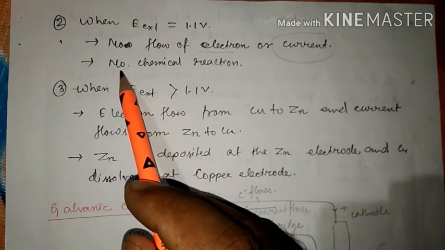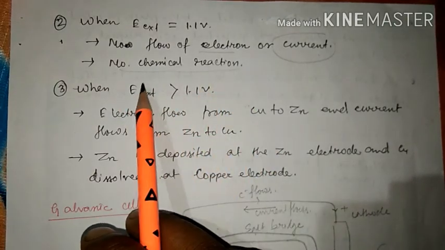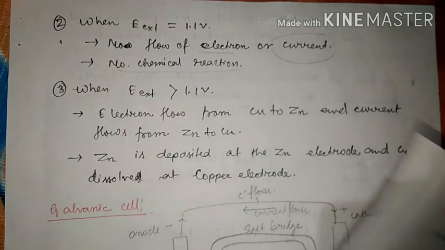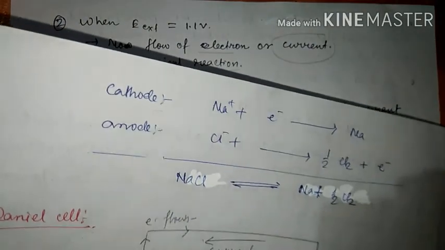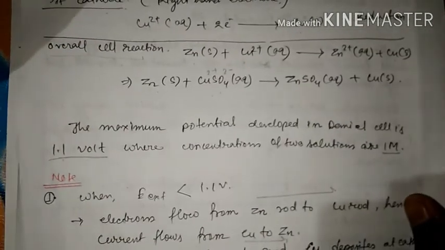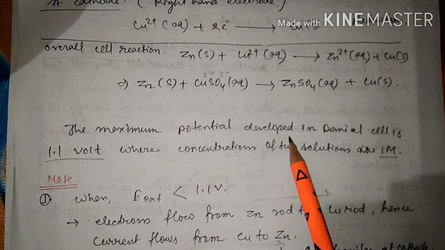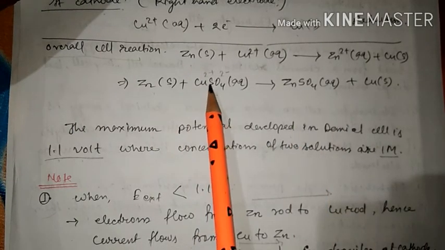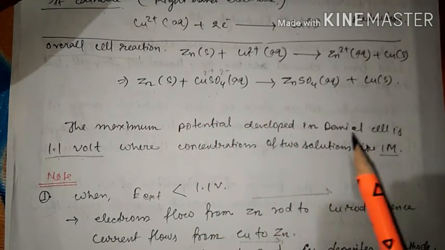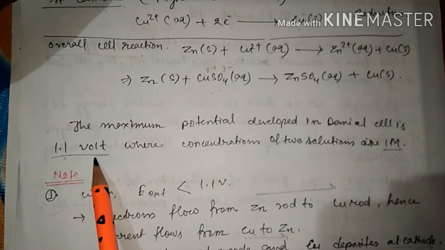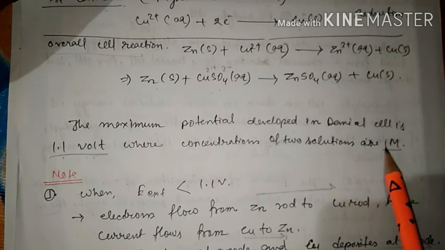Okay, that means no chemical reactions. Here it is the maximum potential developed. Okay, then the Daniell cell can produce the maximum potential difference of 1.1 volt, where the concentration of solution is 1 molar.